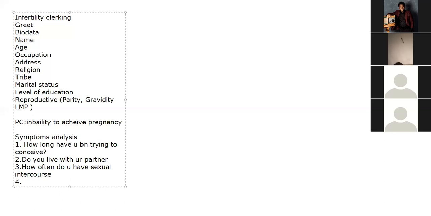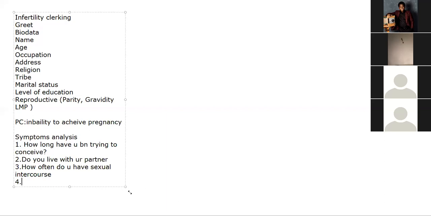So after, how often do you have sexual intercourse? What other thing do you want to know? Remember the definition I gave to you. You know, in this world that we live in now, there are different sexual orientations. Some people might be having anal sex and they might think they are going to give birth by having anal sex.